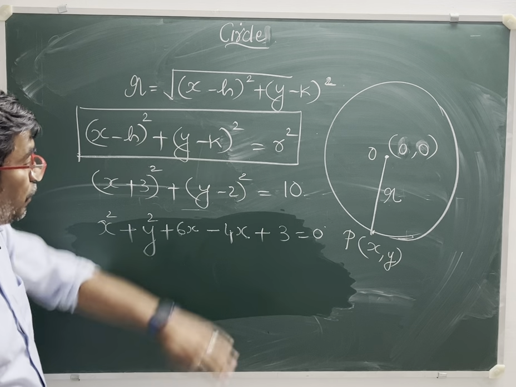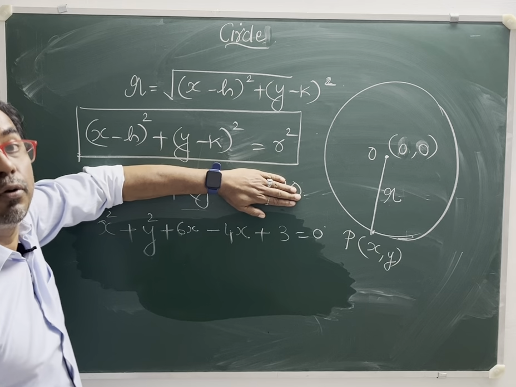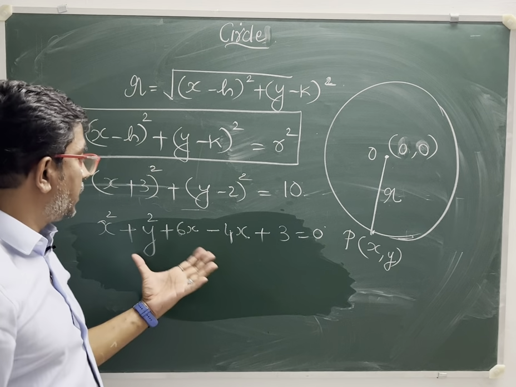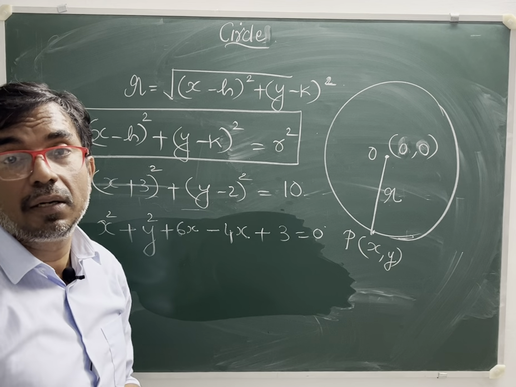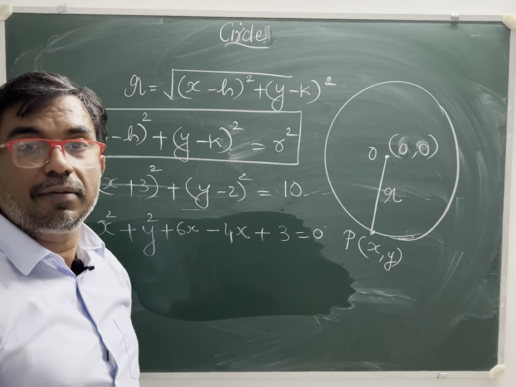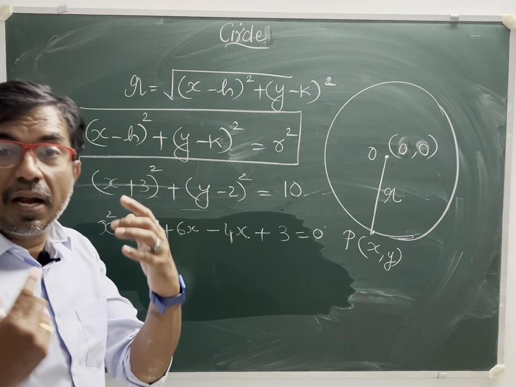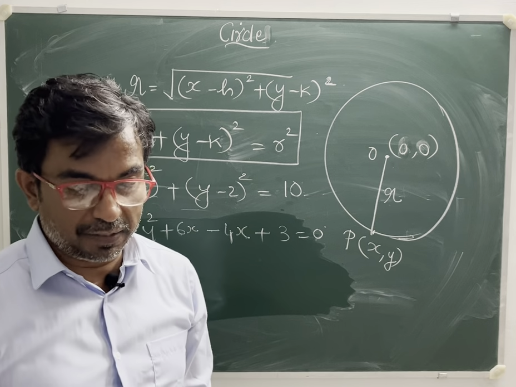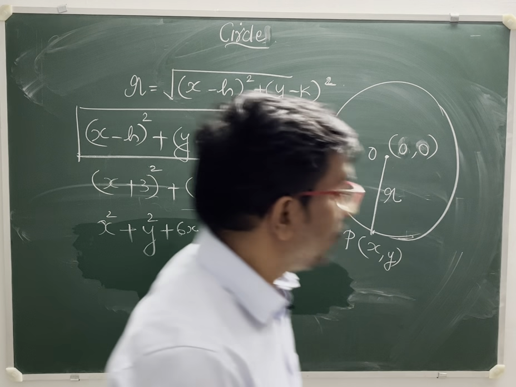Suppose I don't show you this, and I am just giving this one. How do you find the radius and center of the circle? We have one method, that is the completing the square method. We can go for that. Another way is that we should understand the general form of the equation of a circle. That is also equally important to understand.